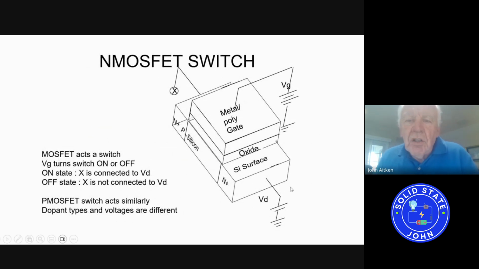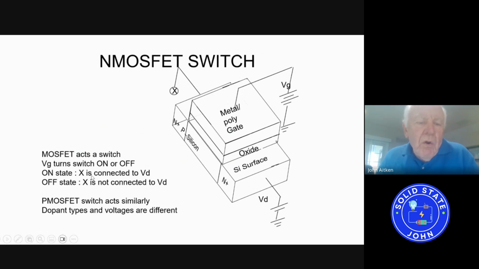As I mentioned earlier, I'm now showing you how the MOSFET device as a switch would connect a power supply at one end to some other point in the circuit out here.